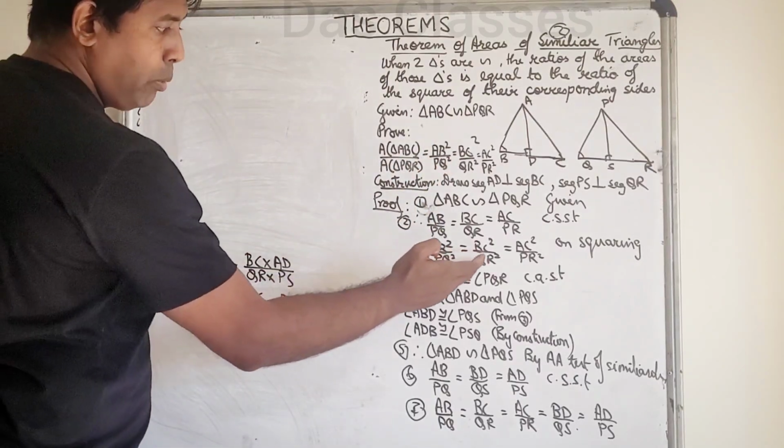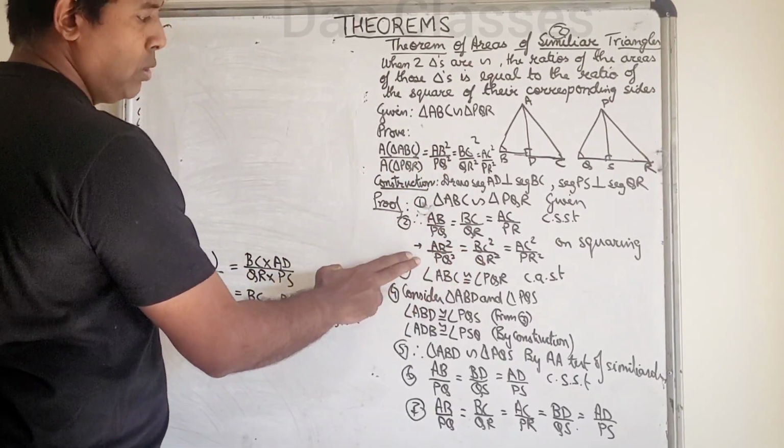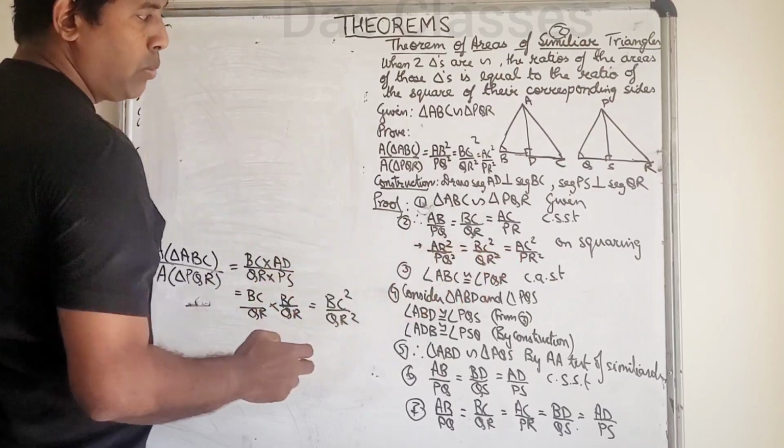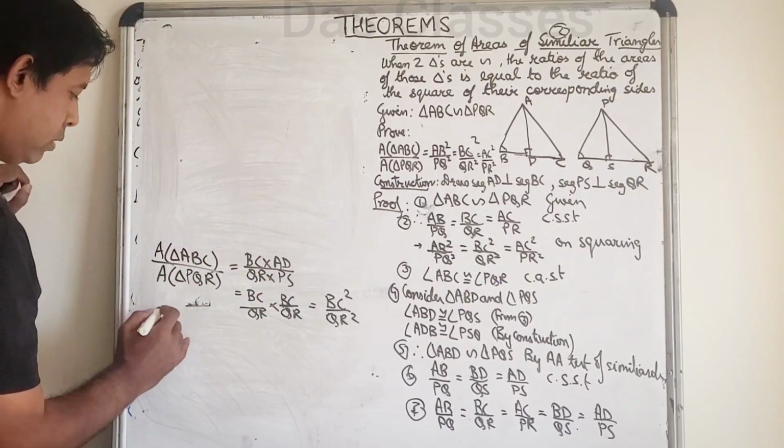Same way, BC square upon QR square is also equal to AB square upon PQ square and AC square upon PR square from statement number 2.